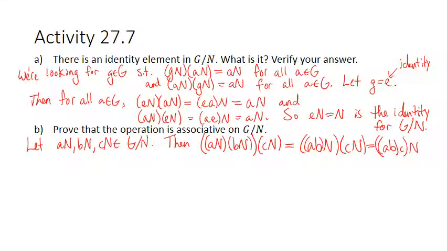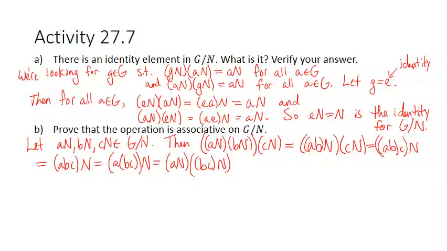And because the group operation in G is associative, because it's a group, that means we can write this as just abc times N. And then we can split this up differently: put b and c together, and then split back out with aN, and then over here I'm going to have bc still together, and then aN, and then I'm going to have bN and cN.